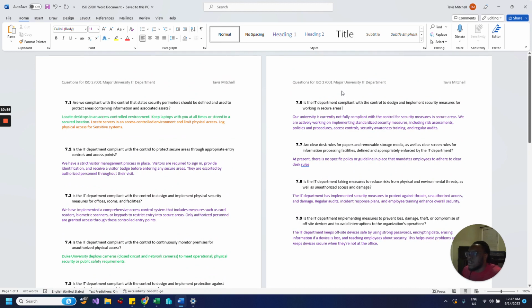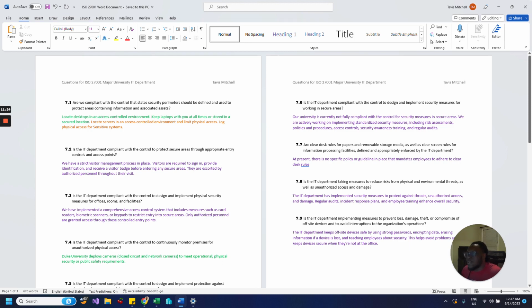7.6. Is the IT department compliant with the control to design and implement security measures for working in secure areas? Okay. Our university is currently not fully compliant with the control for security measures in secure areas. We are actively working on implementing standard security measures, including risk assessments, policies and procedures, access controls, security awareness training, and regular audits.